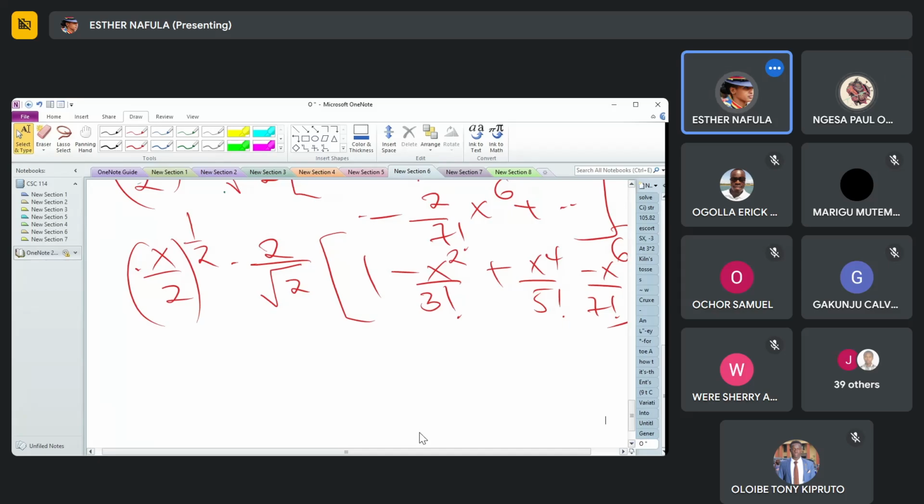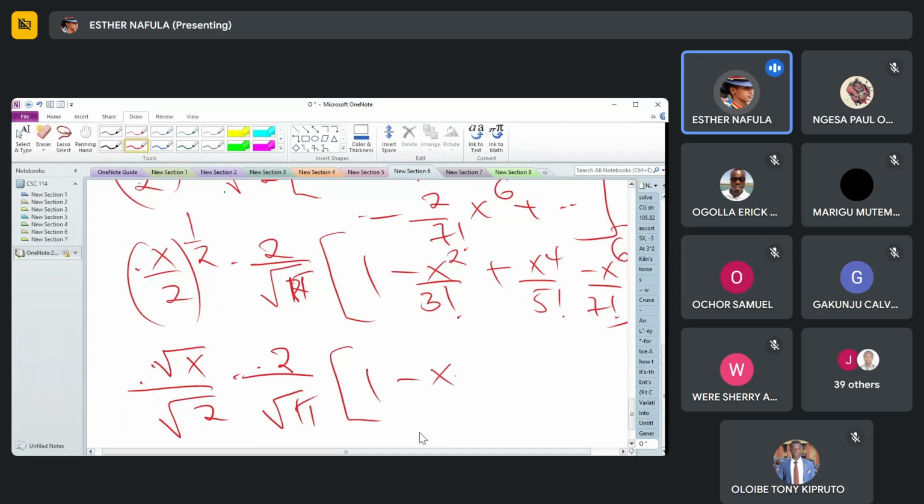X over 2 power half, we can write in terms of the square root function. This is square root of x divided by square root of 2 times 2 divided by square root of pi, into 1 minus x squared divided by 3 factorial plus x power 4 divided by 5 factorial minus x power 6 divided by 7 factorial, and so on.